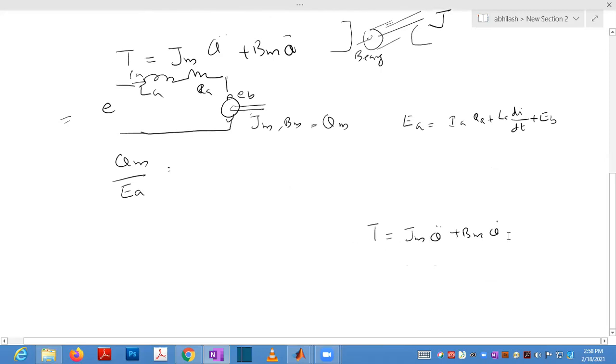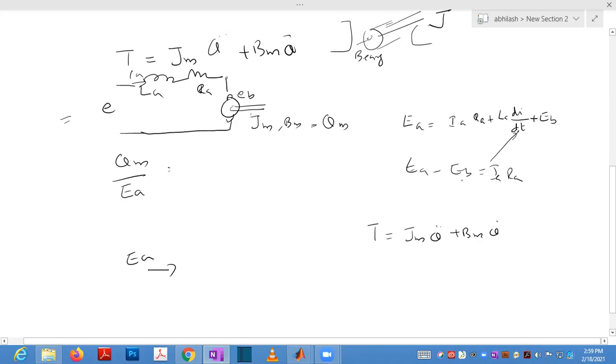These equations are there, so either you can convert them into a block diagram, or you can solve using the equations. The block diagram is the simplest thing you can do. You are applying a voltage Ea here, and I am subtracting Eb from it. Because it is an electromechanical system, the electrical dynamics die out earlier, so you can neglect the La term. So Ea minus Eb is equal to Ia multiplied by Ra.